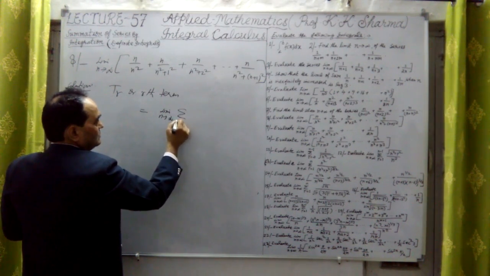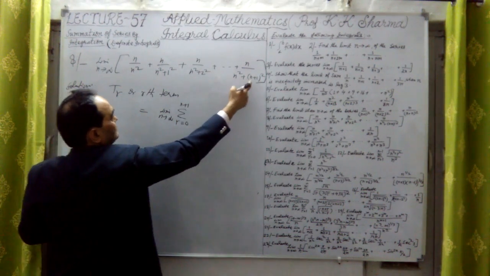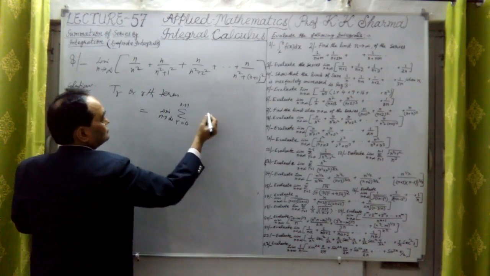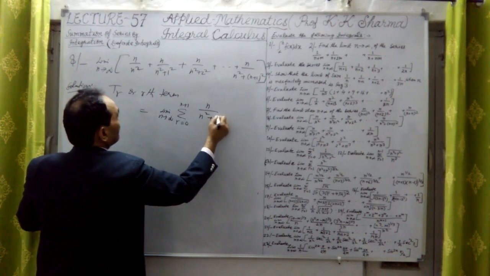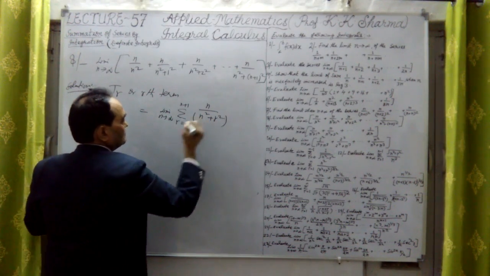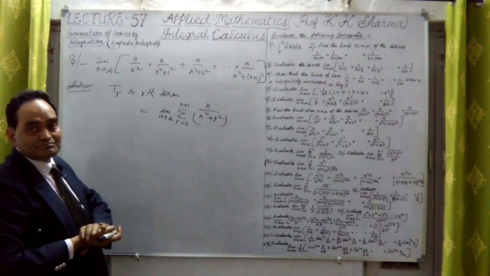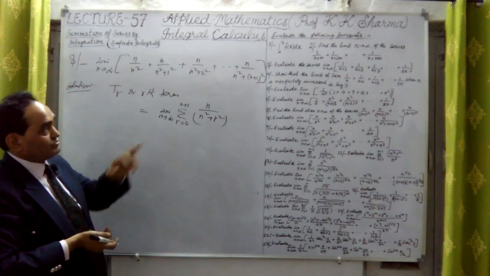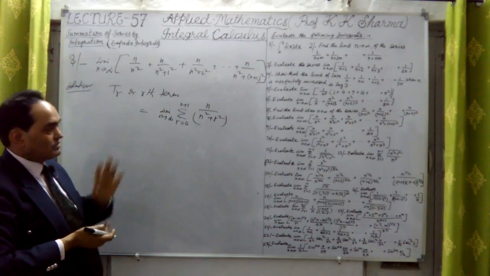What is r here? r goes from 0 to n plus 1, because the last term has n plus 1 in place of r, and the first has 0. It is nothing but n upon n square plus r square. This is what we have obtained. The limits are 0 to n plus 1, because in the last term we have n plus 1 in place of r. That is the point.